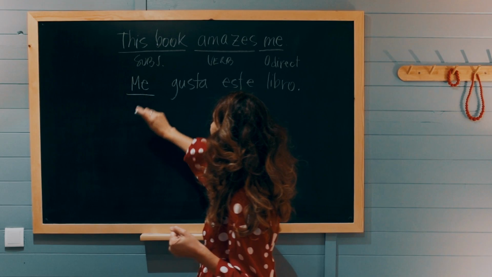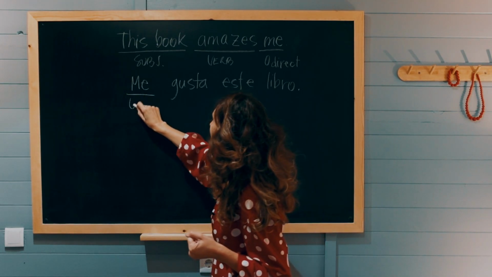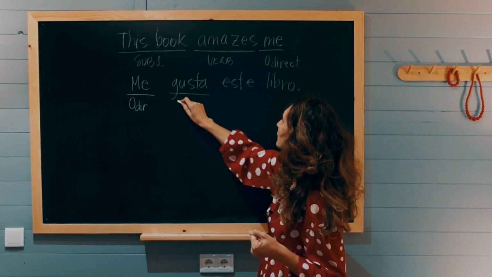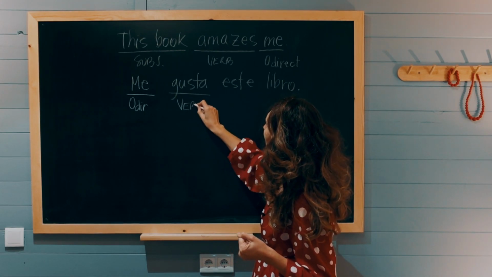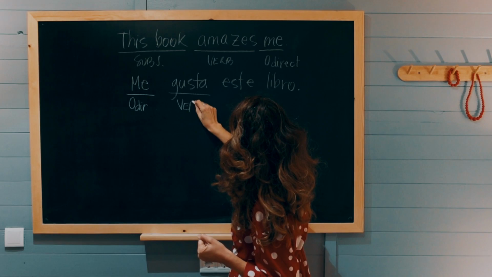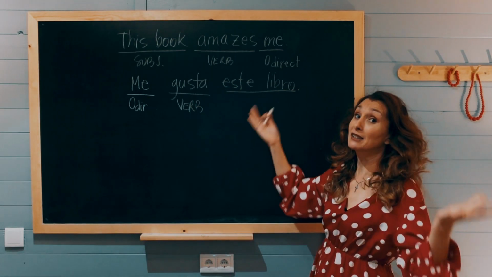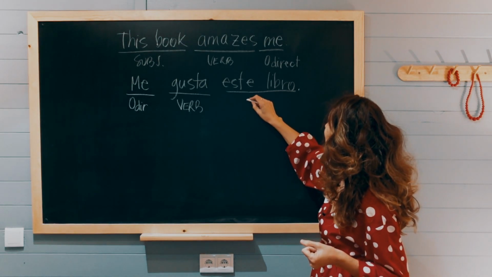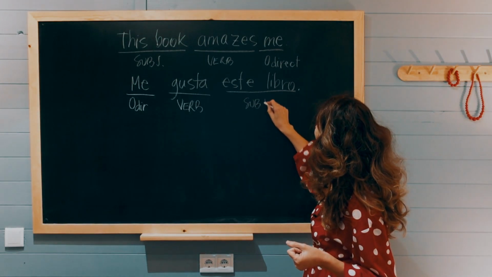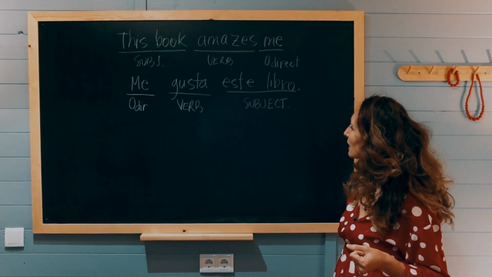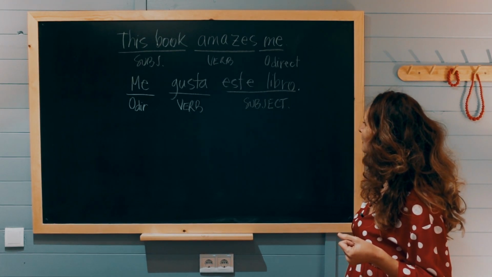Now in the Spanish sentence, we have the direct object here, the verb here, and the subject, the protagonist of the sentence, here, este libro. Me gusta este libro.